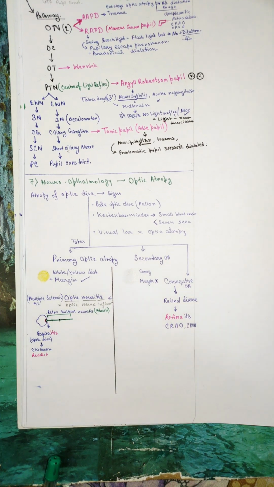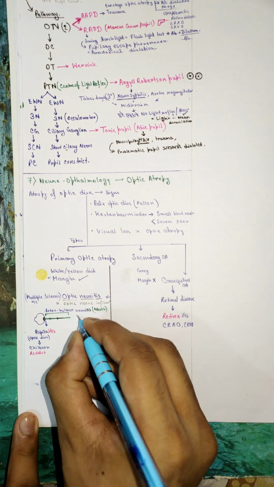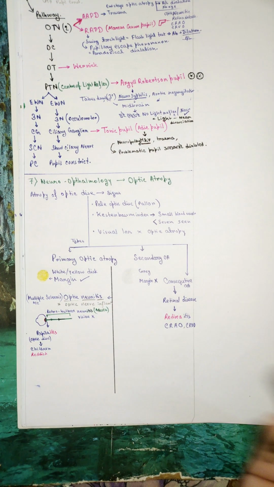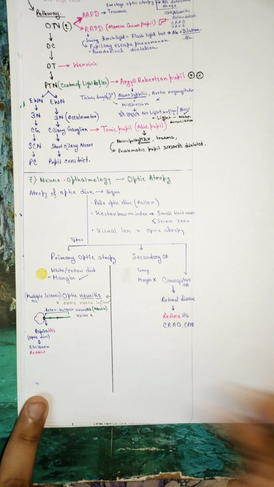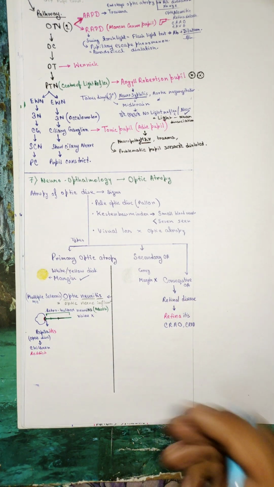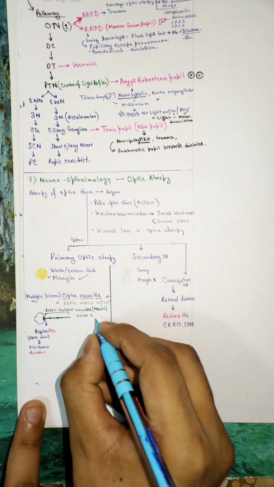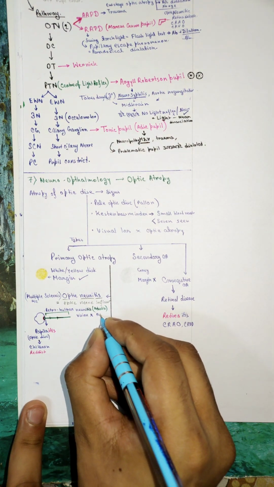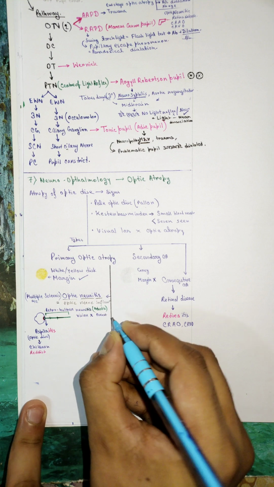So if I write this like vision loss, and the doctor cannot see because obviously it is the retrobulbar part of the optic nerve. So as a doctor I cannot see this part. Okay. So the doctor can't see, vision loss for both patient and doctor as well.